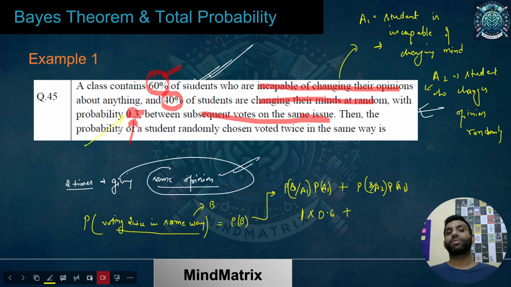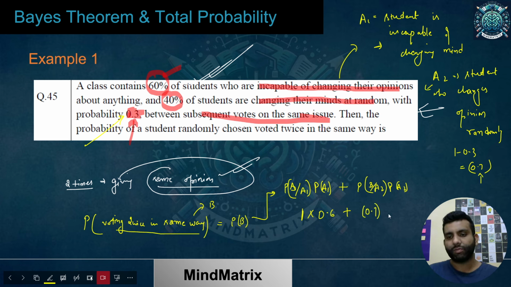But over here I'm talking about he does not change the opinion. So that is going to be 1 minus 0.3. That is 0.7, the probability that a student who may change his mind will vote the same way twice. It is 0.7 over here.